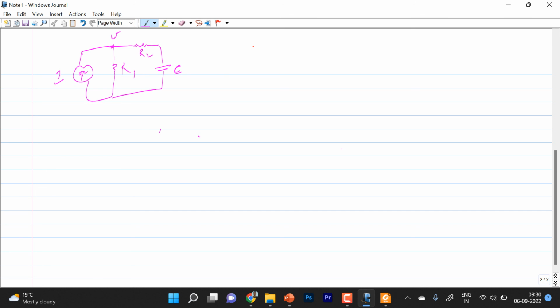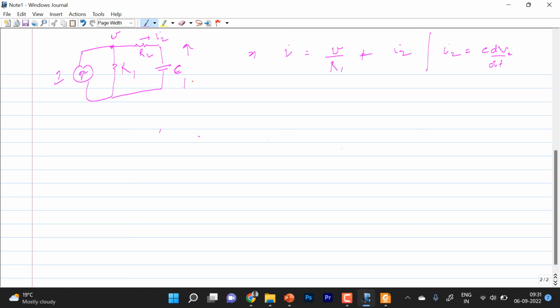And let me write the node equation at this point. So it will be given as the current I is equal to voltage divided by resistance R1 plus the current over here as I2. But what is I2? I2 is equal to C dV2 by dt.